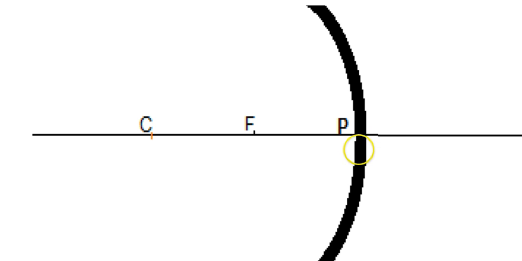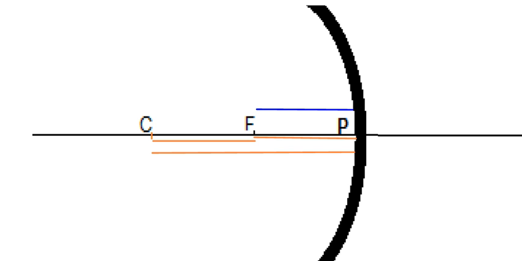The distance from P to F should be just equal to what we find here for C and F. C to P is the radius of curvature, R. And in blue, this is the focal length.